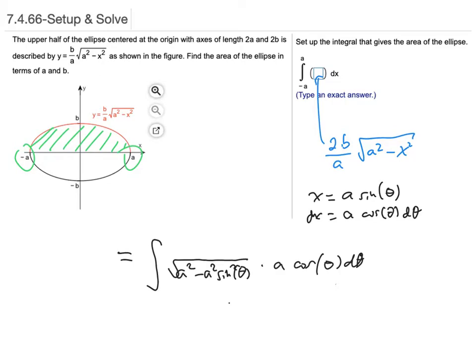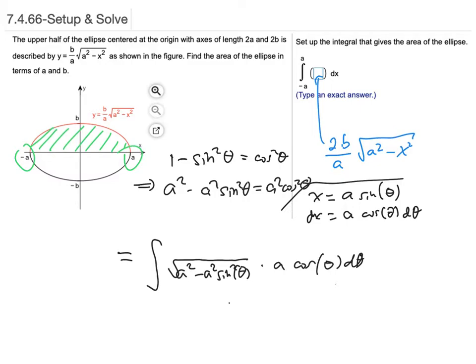Then the trig identity that's going to be used, of course, is the one that we keep using: 1 minus sine squared theta equals cosine squared theta. If I multiply that identity by a squared, then a squared minus a squared sine squared theta is a squared cosine squared theta. And the left-hand side of this is what's under my square root sign here.